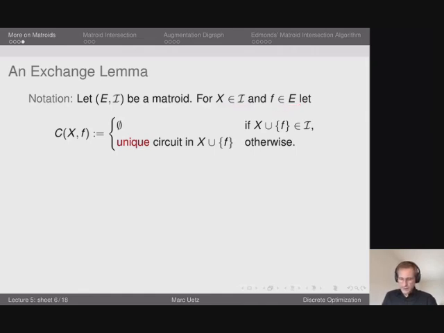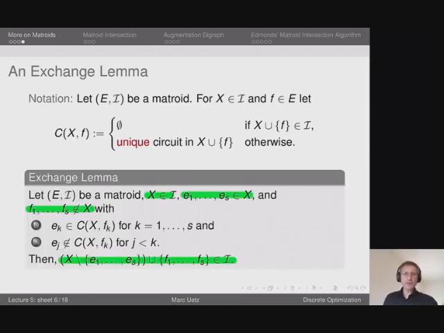And if adding element F results in a dependent set, no longer independent, then this C_{X,F} denotes the corresponding unique circuit, which one could say is generated by an independent set X and an additional element F. And if, on the other hand, adding element F to set X still results in an independent set, this unique circuit is just defined as the empty set.